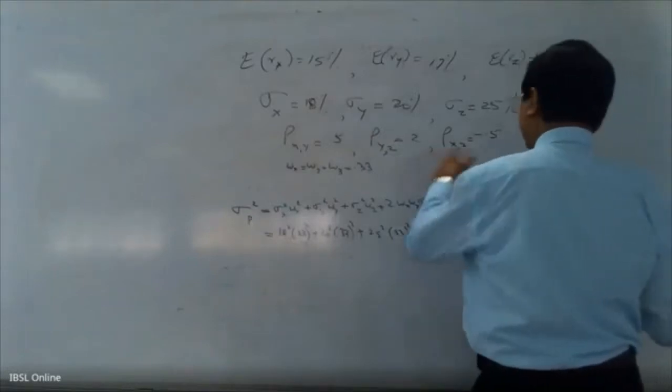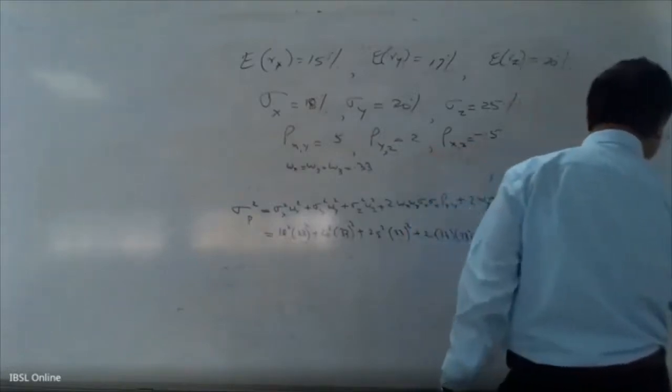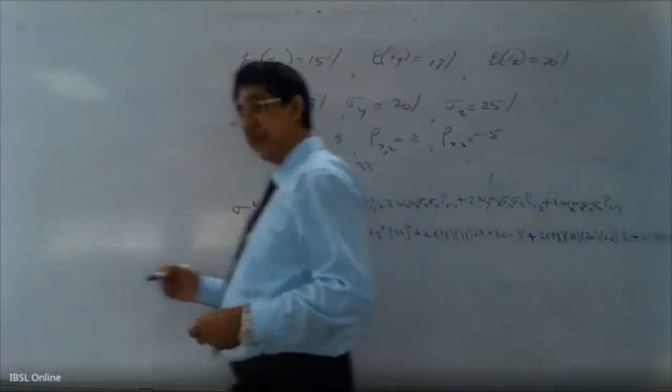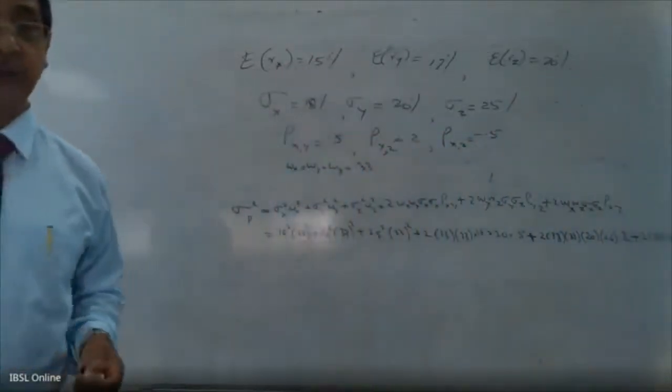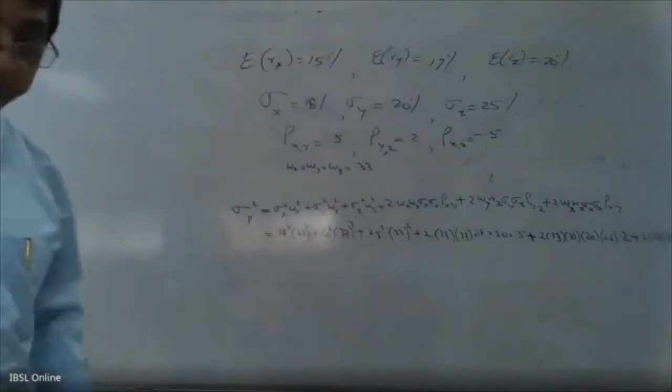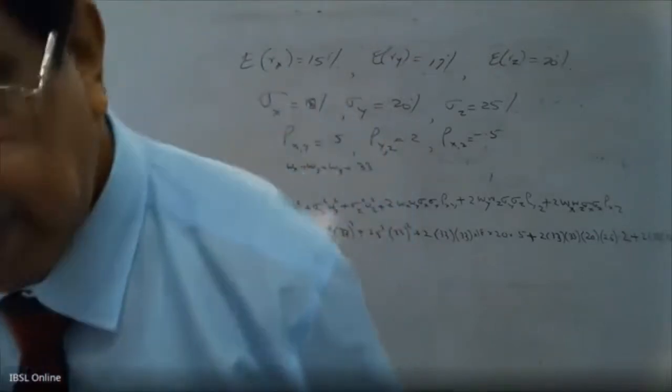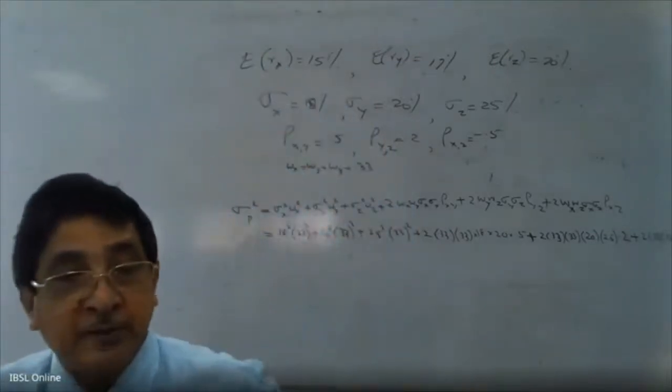Then again it has to be multiplied with minus 0.5. Right, now this is the way of calculation. Now you try to do the calculation and come up with the answer.